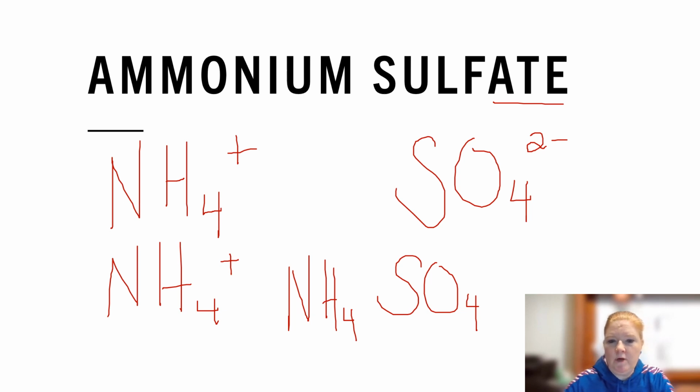I only needed one SO4, so I just leave that alone. But I needed 2 NH4s. If I just write the 2 right after the 4, then I change that to NH42, which makes no sense. So I put something from Table E in parentheses. Then I add the subscript, and there you go.